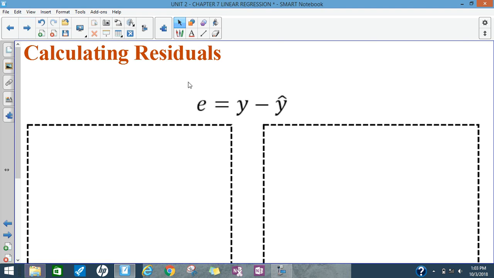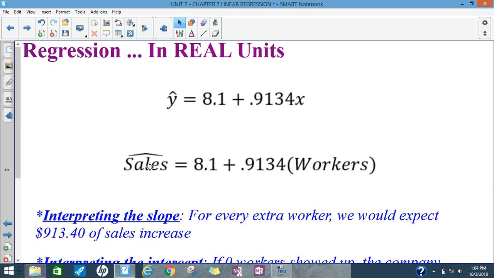So I said we'd talk about the residuals a little bit more. And so here's a way we could calculate. E stands for error. Y is the actual data point, the actual Y value, and Y hat is a predicted value. So if we plugged in, let's say, 3 workers to our sales equation, we would get a total number of predicted sales.